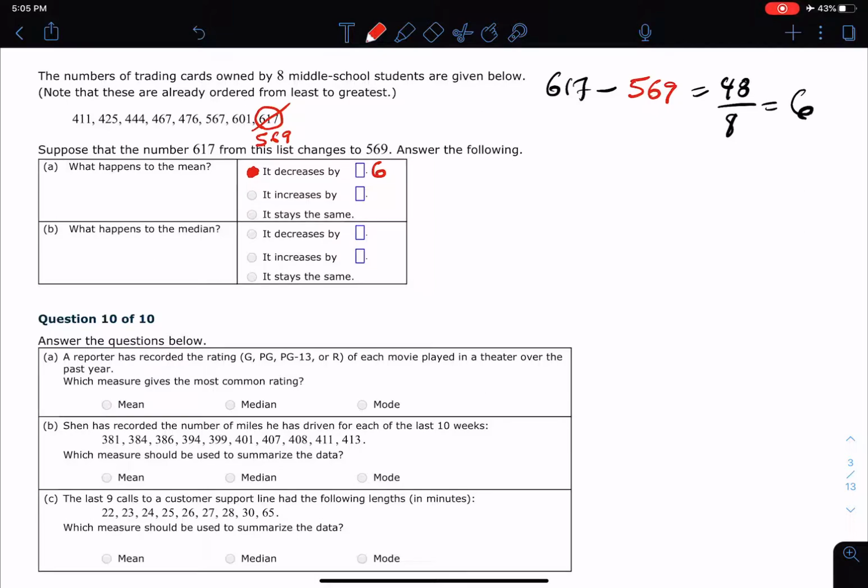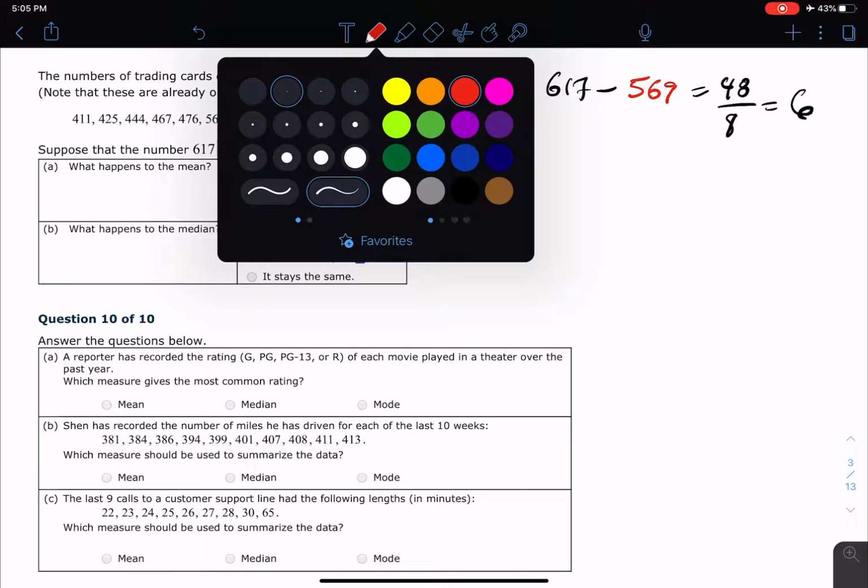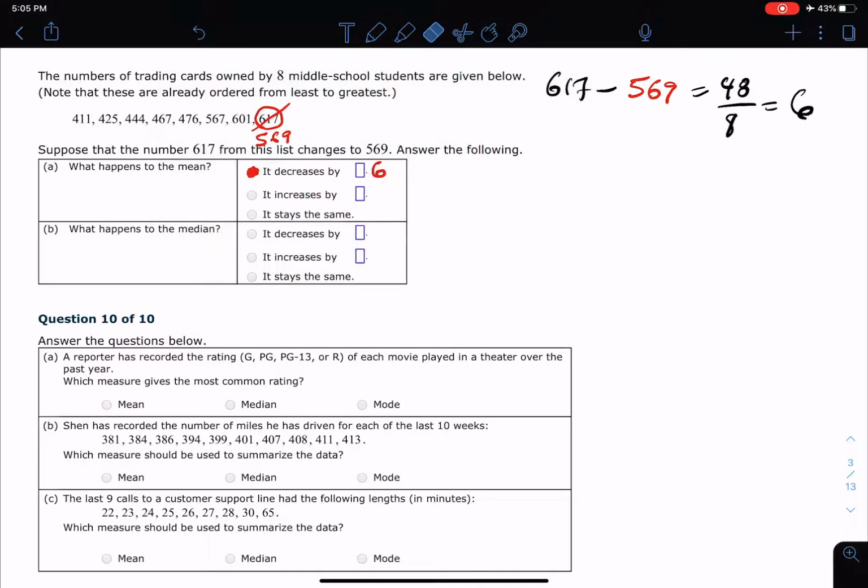Right? Okay, what happens to the median? Well, not a whole lot, because these numbers are already ordered from smallest to largest. Well, whoops, reorder it. If I reorder it, that just puts this number here, and that puts 601 there.